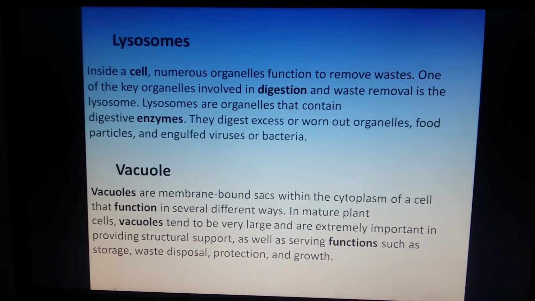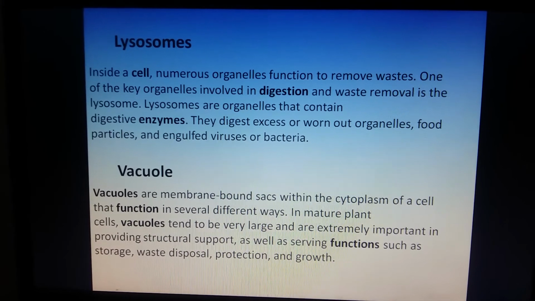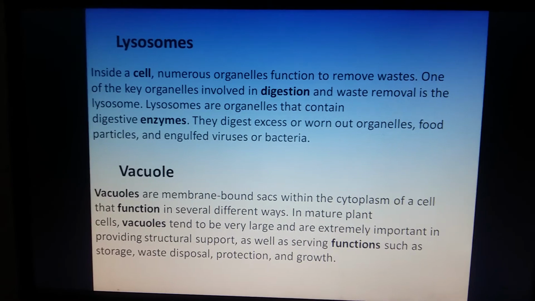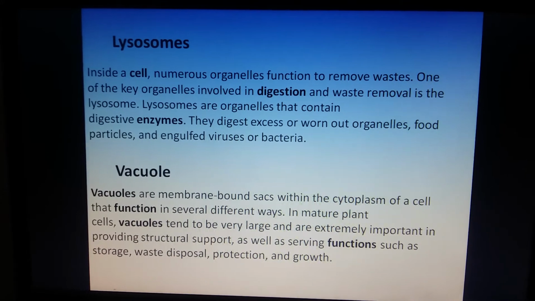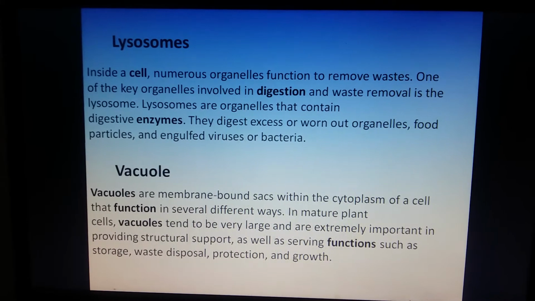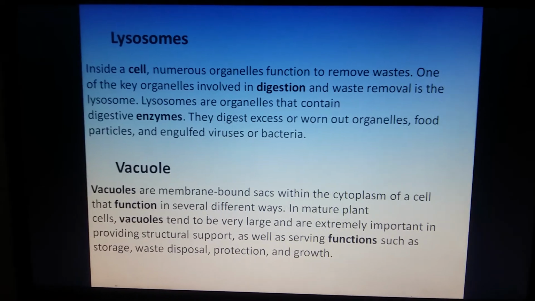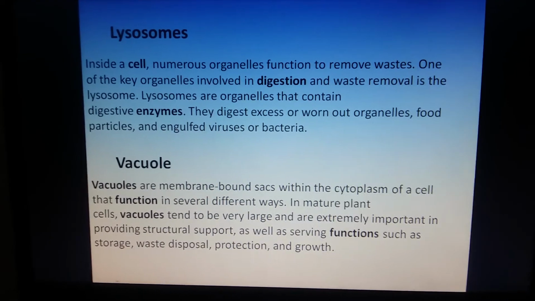Lysosomes are organelles that contain digestive enzymes. They digest excess and worn out organelles, food particles, and engulfed viruses or bacteria. Whenever lysosomes burst, the enzymes come out and the whole cell gets destroyed. So lysosomes are called the suicide bags of the cell.